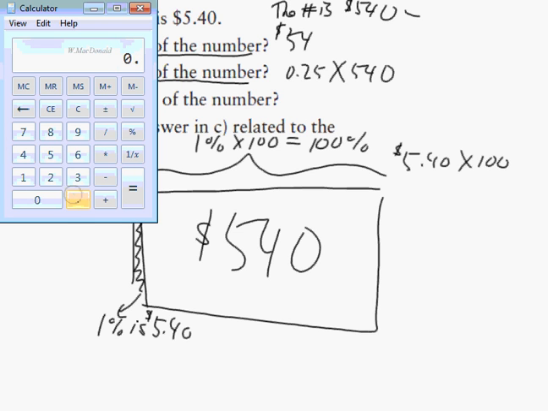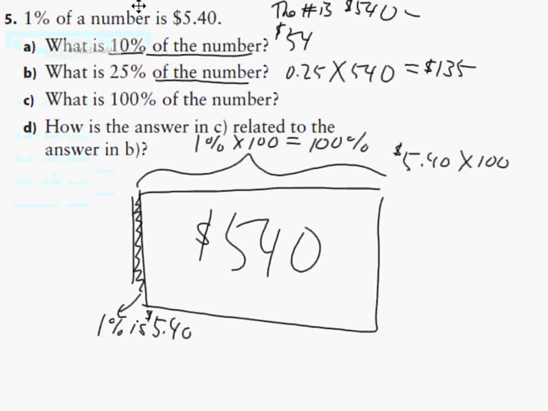So 25% of $540 is $135. 100% of the number, well, that's about the easiest question you could possibly get. That's $540. And how is the answer in C related to the answer in B? It is a quarter of the size, or a quarter of the number.